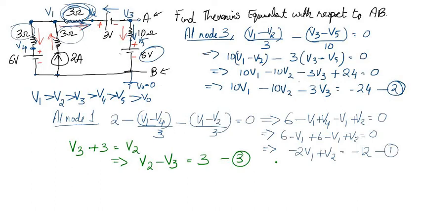Now, solving these three equations, you will be getting V1 equal to 0.81 volt, V2 equal to 11.62 volt, and V3 equal to 8.6 volt.